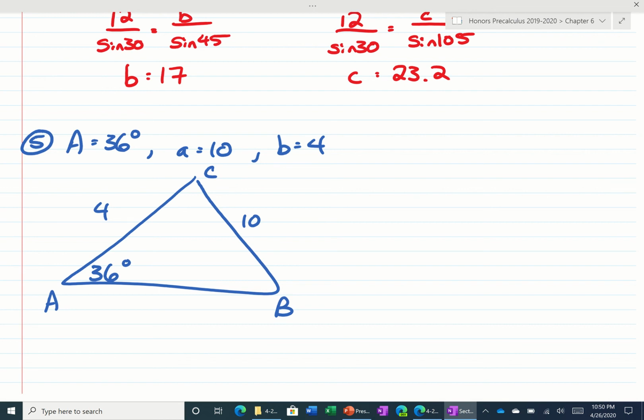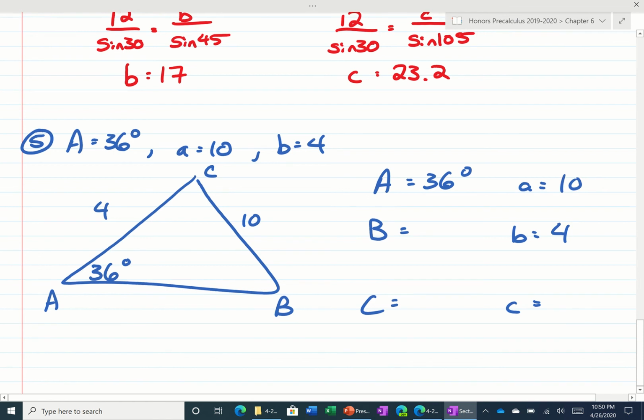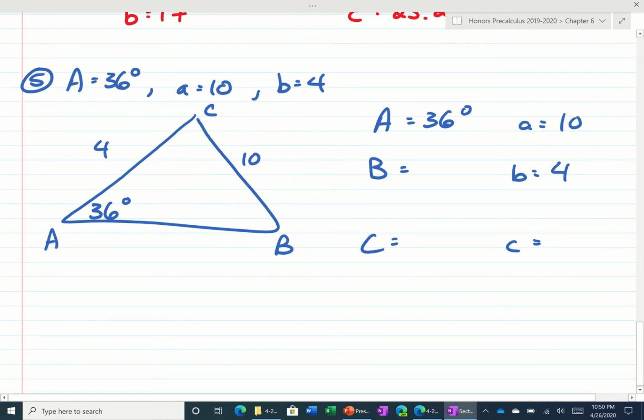Alright, so let's see. In this case, we don't have two angles, but we do have one full law of sines fraction.